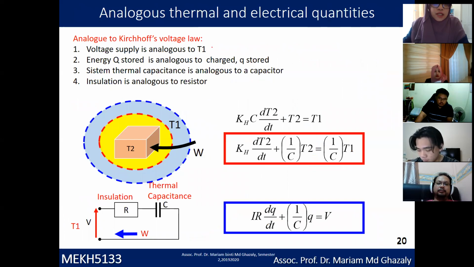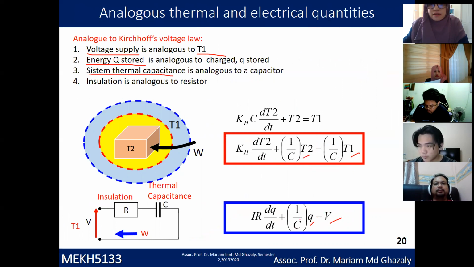The analogous terms of thermal and electrical quantities can be shown below. The voltage supply is analogous to T1, so T1 is analogous to V1. Energy stored in a circuit is analogous to the Q squared here. System thermal capacitance is analogous to a capacitor, so it's the same thing, 1 over C. And insulation is analogous to resistance.